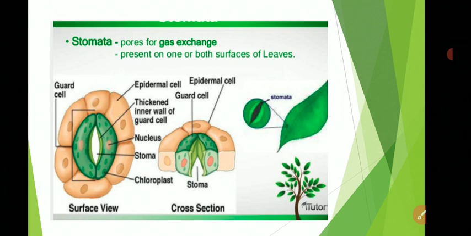First of all we will start with the first epidermal component of the epidermal tissue system, that is stomata. Stomata are the natural pores or minute openings present on the epidermal layer of aerial parts of the plant.